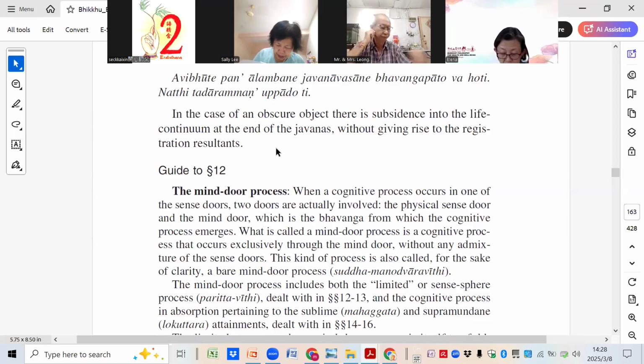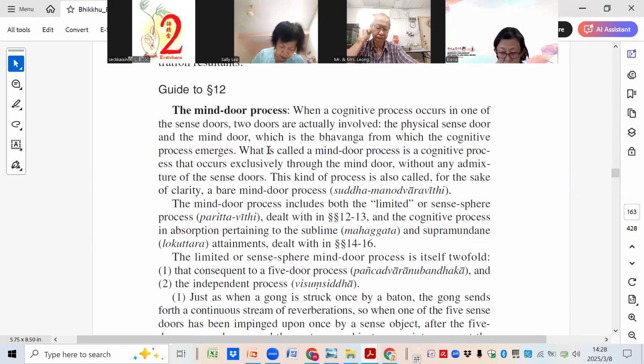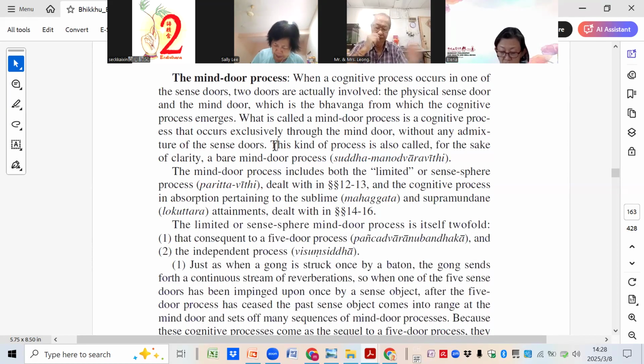The mind door process. When a cognitive process occurs in one of the sense doors, two doors are actually involved: the physical sense door and the mind door, which is the bhavanga from which the cognitive process emerges. A mind door process is a cognitive process that occurs exclusively through the mind door, without any admixture of the sense door.